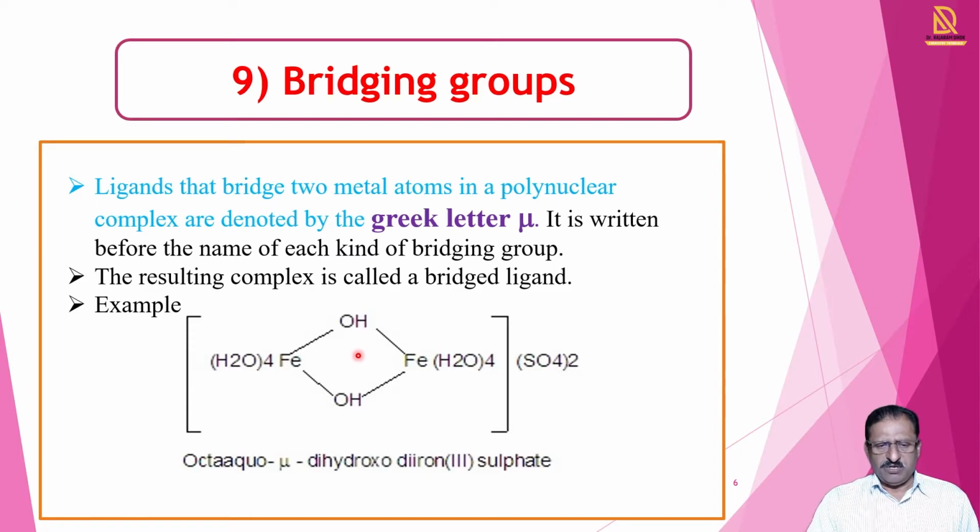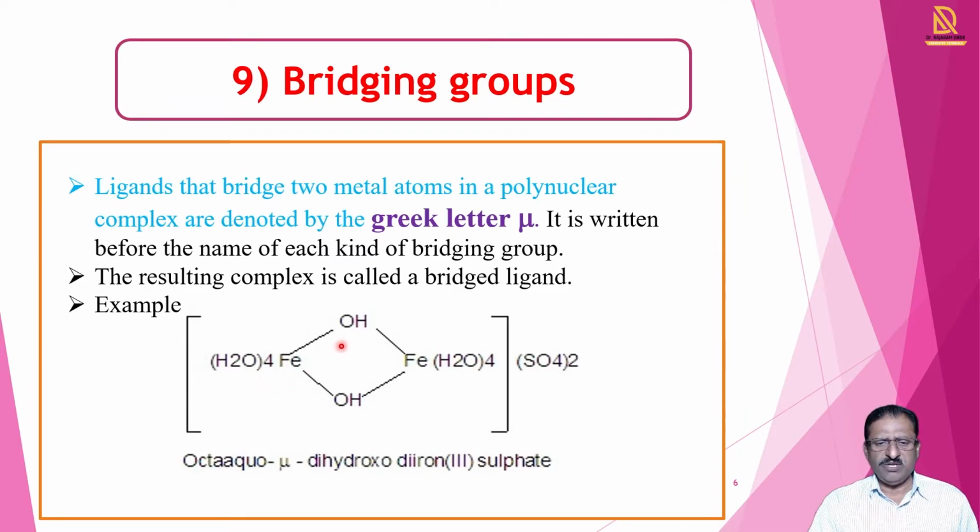In this example, two hydroxyl groups are present, and they are negatively charged. Eight aquo ligands are present, and these are neutral. In this case, when there is a bridge ligand, we can change the sequence.